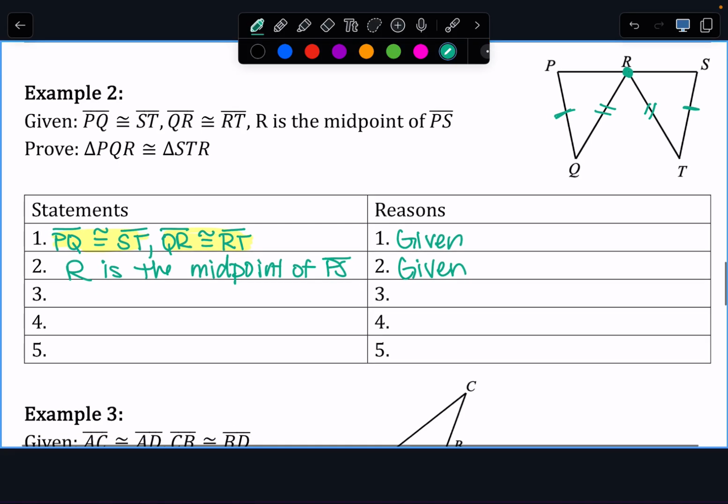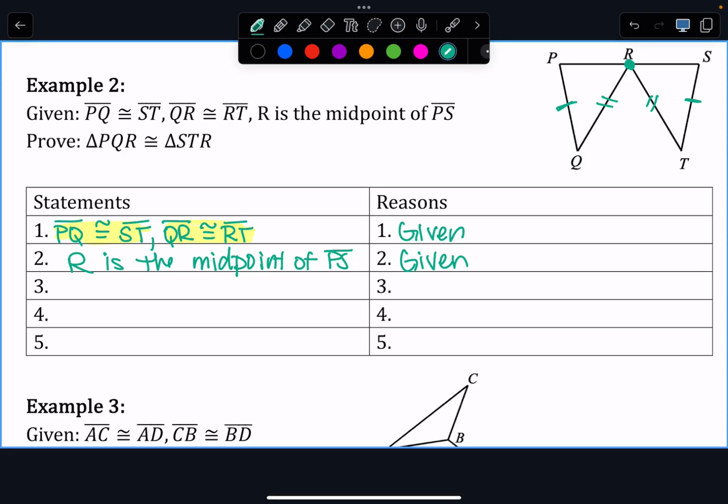If we have something in the given that isn't a set of sides or angles, we need to use it. So since I have R as the midpoint, I am going to use the definition of midpoint to write that PR is congruent to RS.